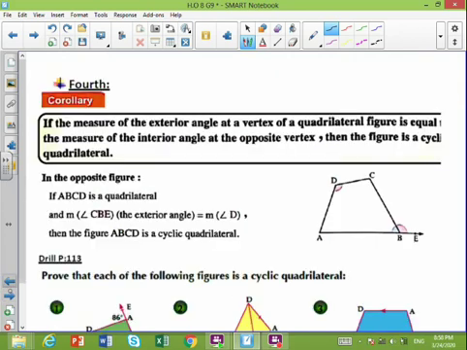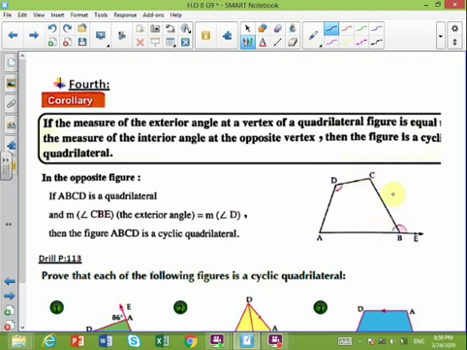The fourth thing that you can prove with it is a corollary. The measure of the exterior angle, we took it as a property of a cyclic quadrilateral. If I want to prove it is a cyclic quadrilateral, this must be verified. If the exterior angle at a vertex of a quadrilateral is equal to the measure of the interior angle at the opposite vertex, then the figure is cyclic.